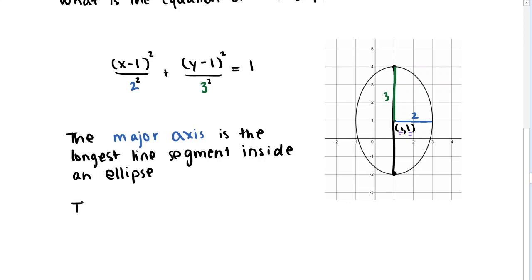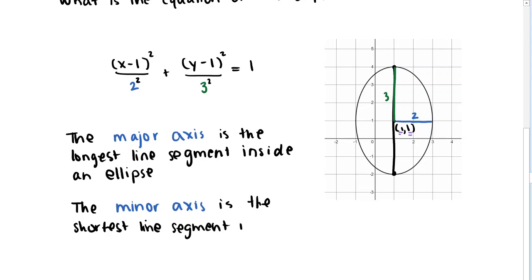And the minor axis is the shortest line segment inside an ellipse. In this case, it's this line segment here, going horizontally.